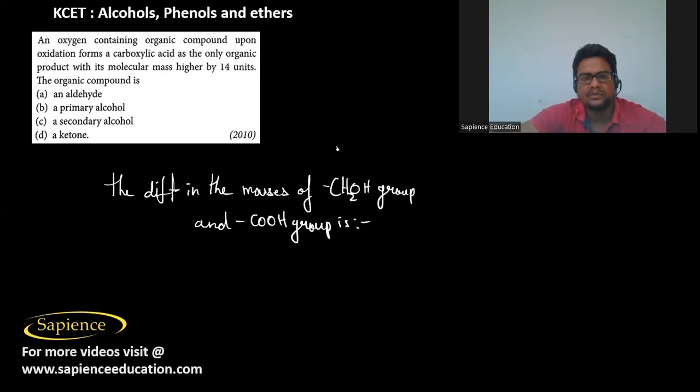So for the CH2OH group, the mass M1 is 12 plus 3 plus 16, which is 15 plus 16, which is 31 units. And for the COOH group, the mass M2 is 12 plus 32 plus 1, that is 12 plus 33, that is 45 units.